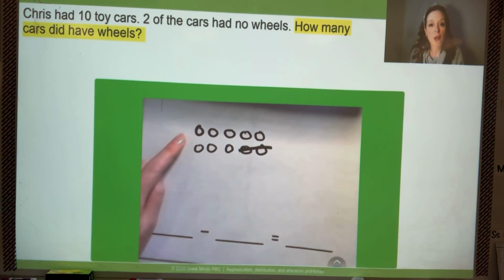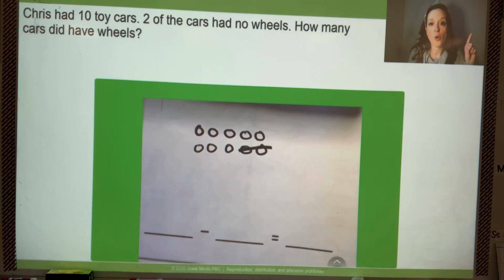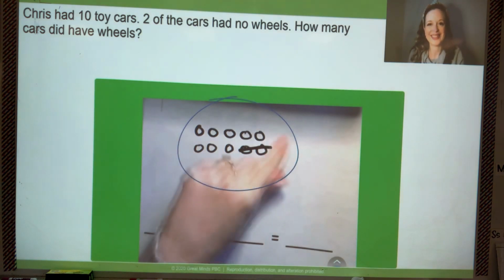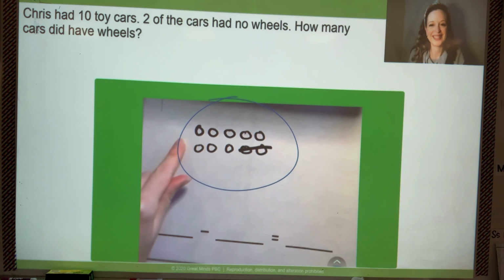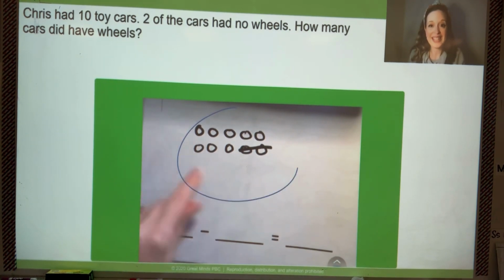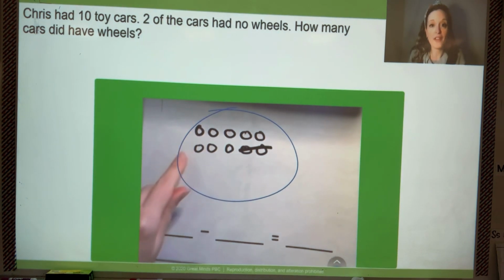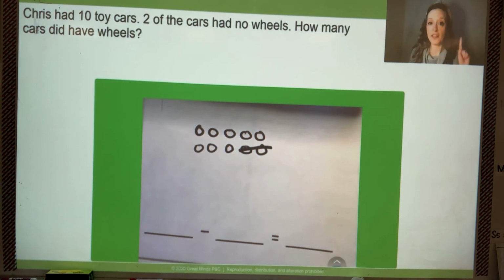Let's use our drawing to help us find the whole and the parts. Take your finger and trace a circle around the whole in the picture. Go ahead and do that. Yes, this is the whole amount of cars that Chris has. Now, take your finger and trace a circle around a part in the drawing.